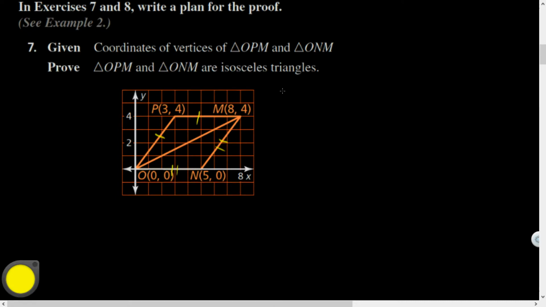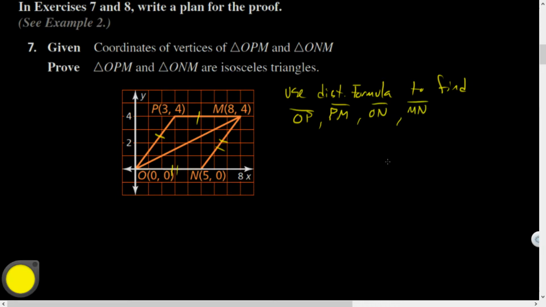So this would be my plan. Use the distance formula to find the side lengths I want: OP, PM, ON, and MN.